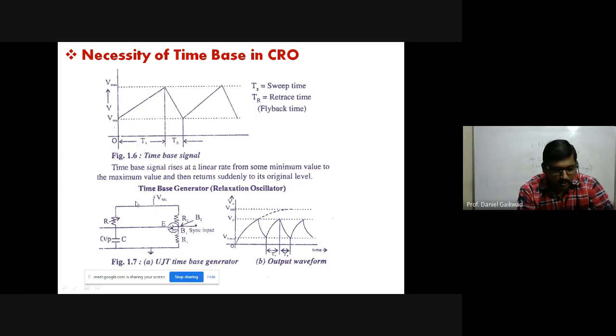With the help of this circuit we obtain a waveform like this. It is not exactly a sawtooth, but a rising time and again a fall, rise and fall. Like this we obtain the output of the UJT as a time-base generator, and that will be useful for the sweep in the horizontal direction. So this will be the diagram.